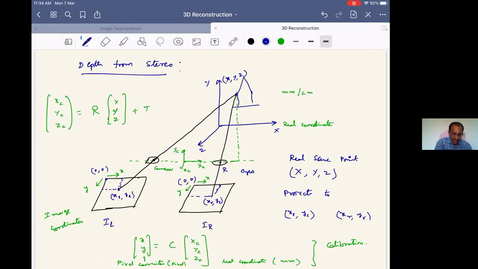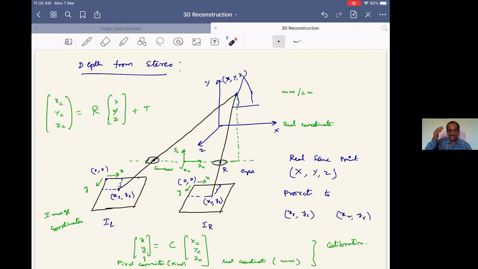But if the right and left cameras are on the same horizontal line, the same scene point will form its image on the right camera at the same row here, and here also at the same column. That means if they are horizontally aligned, there will not be any shift in the Y direction on the projections of the same scene point.